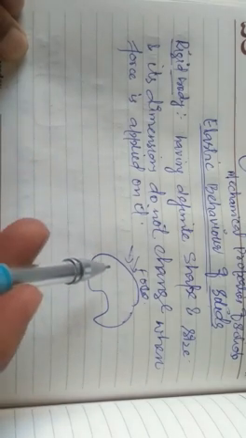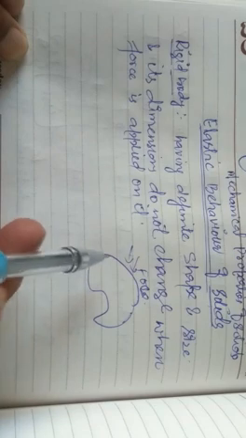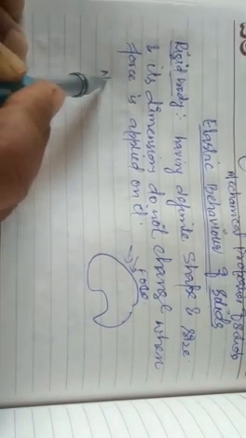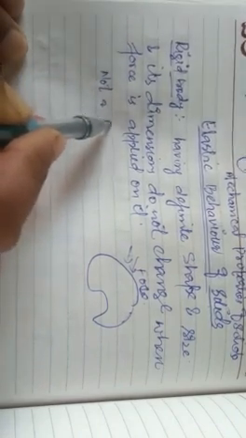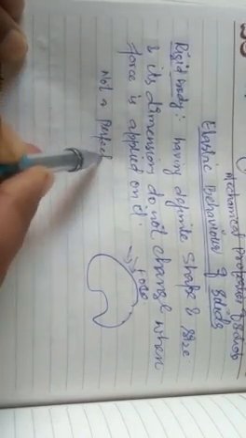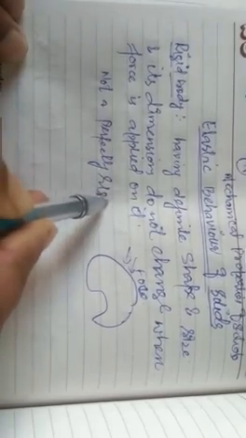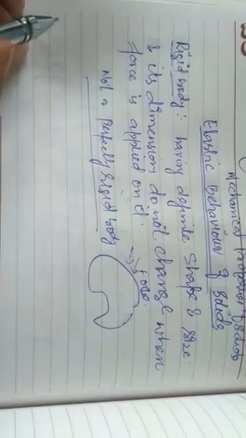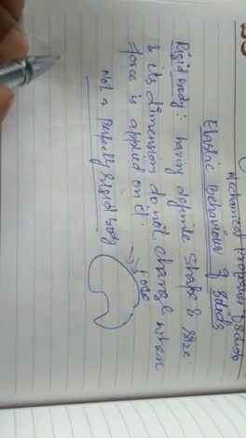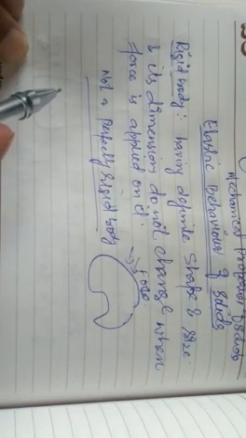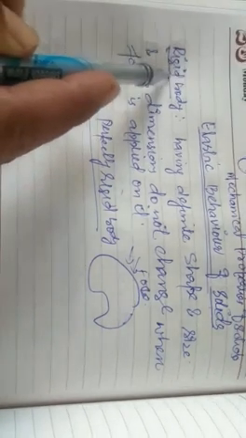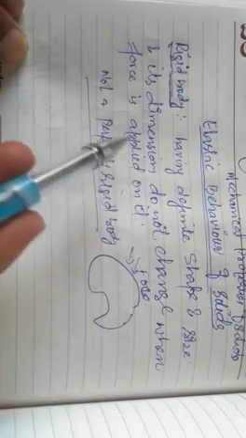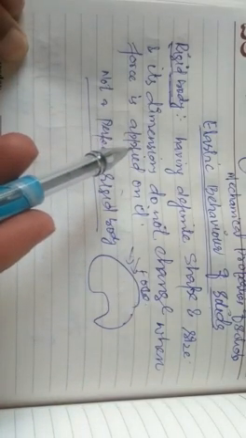There will be a change in its dimensions. A rigid body is defined as a body whose dimensions don't change, and that is what we call a rigid body.